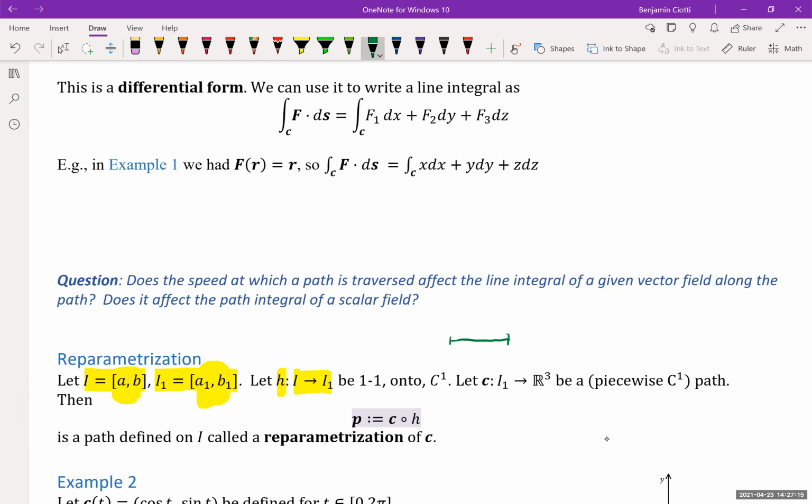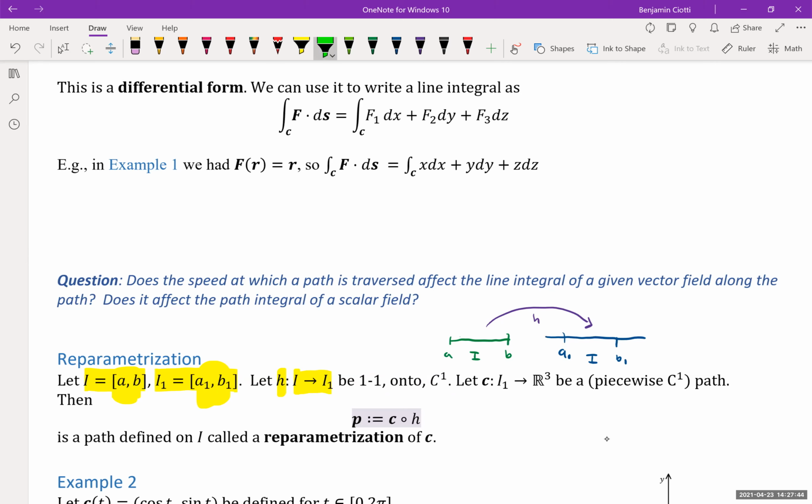Let's say, here's I, which goes from a to b. And let's say here's I1, and we have some function H, okay, which goes from I to I1, and H is one-to-one, onto, and continuously differentiable.